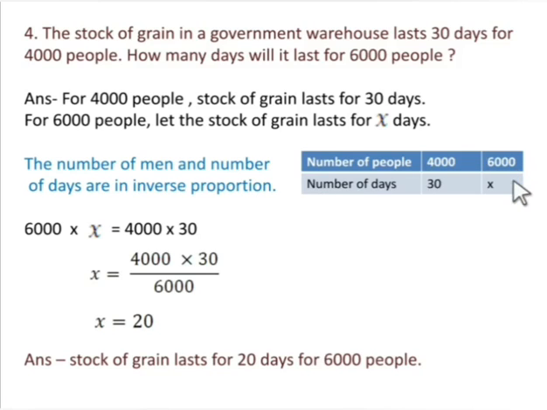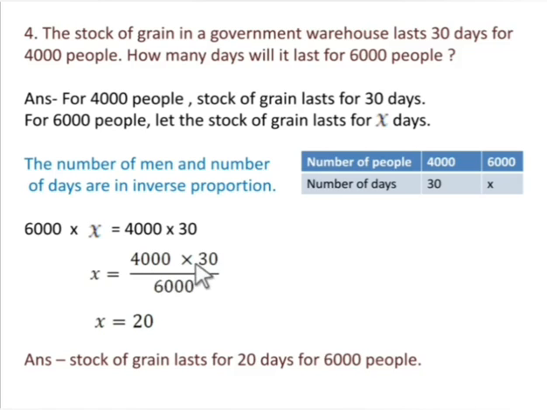That is, 6,000 multiplied by X is equal to 4,000 multiplied by 30. So you will get the equation. Here 6,000 is in multiplication, on the other side it will come in division. Now here the 3 zeros will get cancelled. On cancelling, 30 comes in the table of 6. 6 5s are 30.